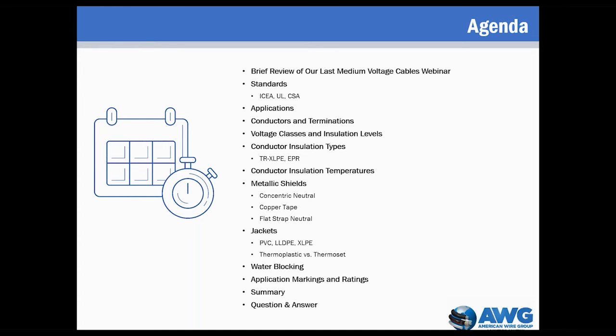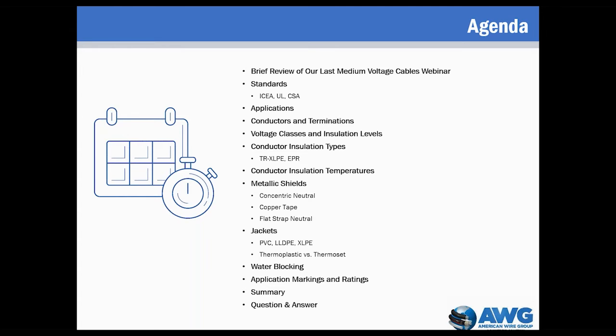Standard North American voltage classes and insulation levels will be reviewed, followed by a few key details regarding the insulation systems used today: tree retardant crosslink polyethylene and ethylene propylene rubber. The three more common metallic shields will be defined and compared, providing a few selection criteria for each.